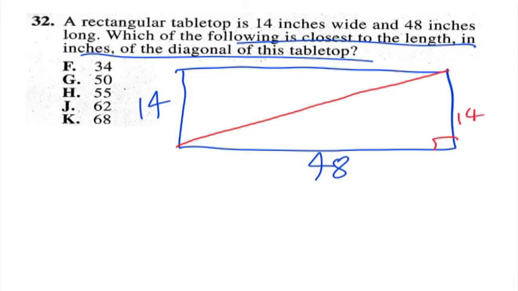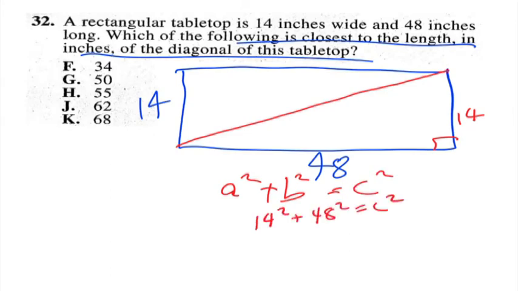And this is a 14, so we have another a squared plus b squared equals c squared. So we have 14 squared plus 48 squared equals c squared. And so if we do 14 squared, we get 196. And 48 squared, we get 2304.